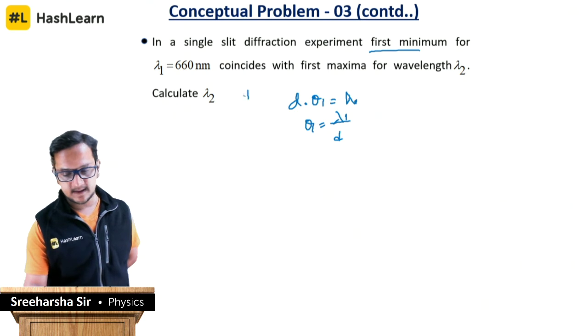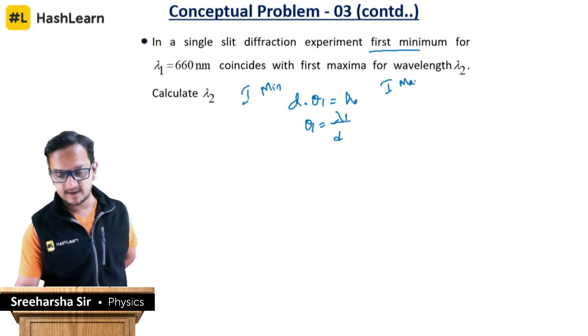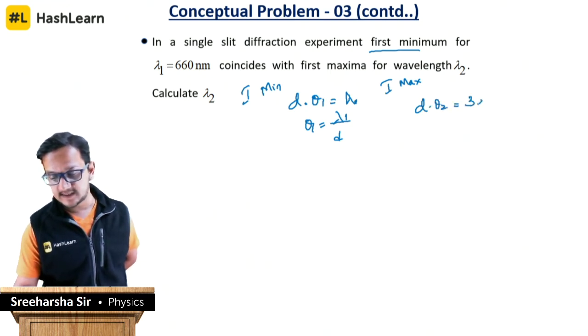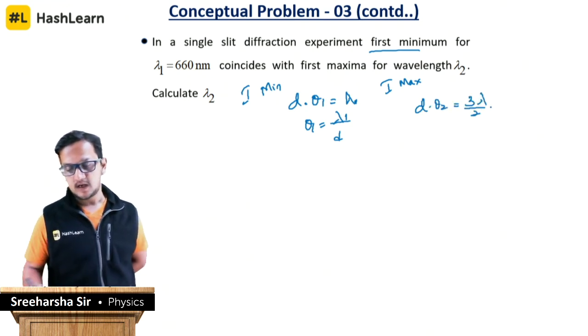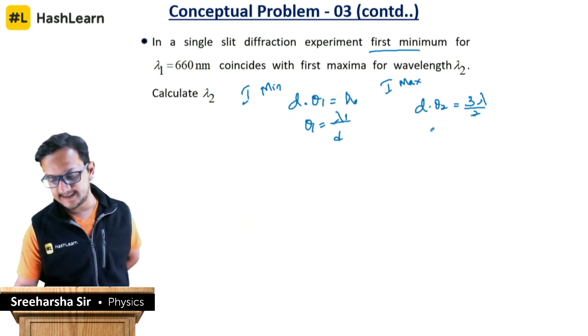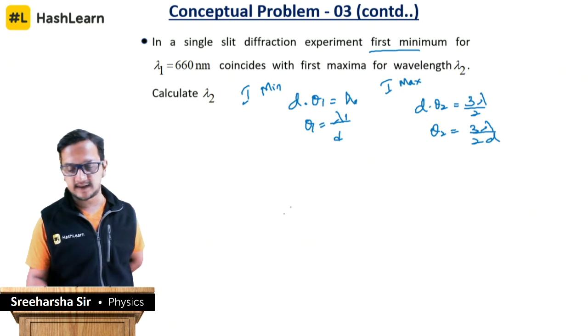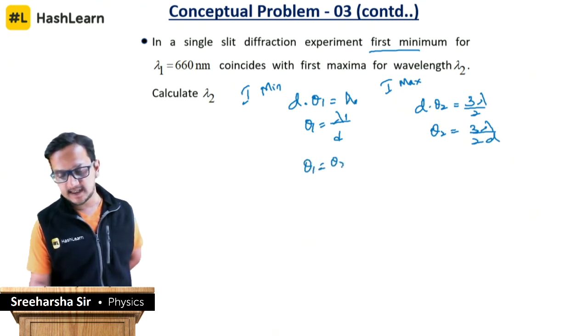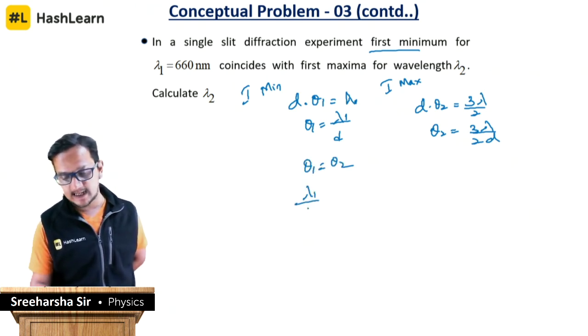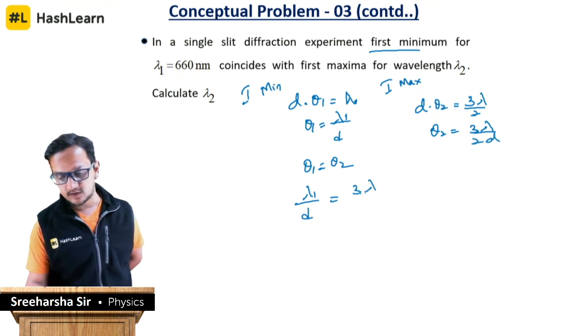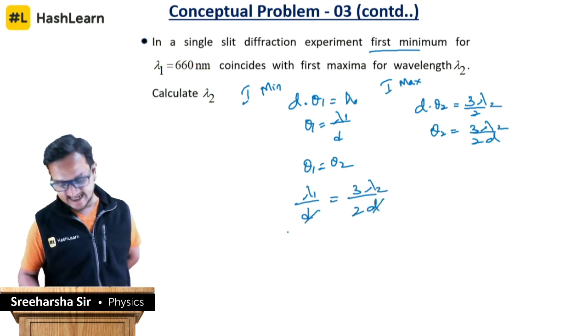For first maxima, you will have d sin theta 2 equal to 3 lambda by 2, or from this theta 2 equals 3 lambda by 2d. According to the given problem, theta 1 is equal to theta 2, so we will have lambda 1 by d equal to 3 lambda 2 divided by 2d, which gets cancelled.